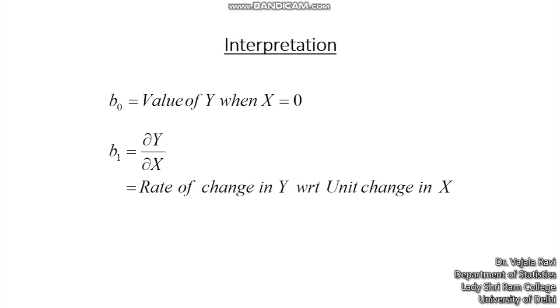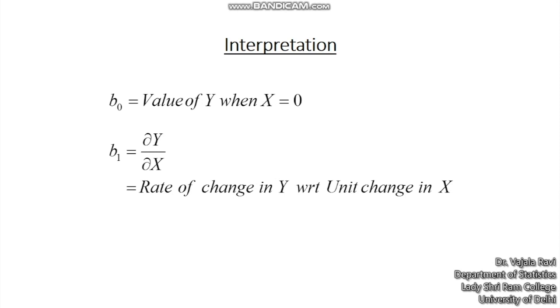So if x changes from x to x plus 1, let's say x was 10 units and it has now moved on to become 11 units, then y would now be increasing or decreasing by b1 units depending on the sign. So as x changes from x to x plus 1, y would change from y to y plus b1.